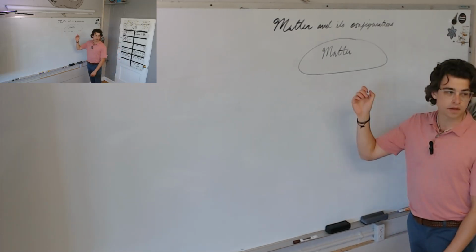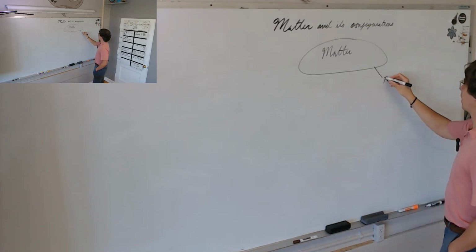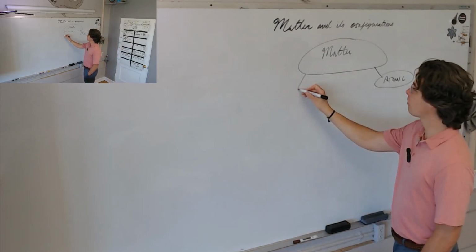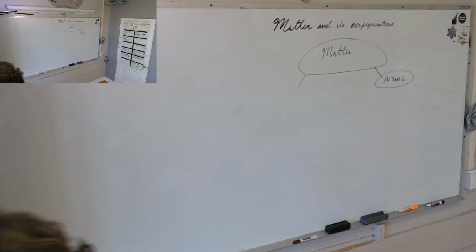Well, we're building a little concept map here. So matter, we're going to say, is atomic. And that's one thing we're going to talk about later on. So hold on to that. Matter is atomic. Another way we can think about matter is that matter is kind of broken down into pure substances or mixtures.